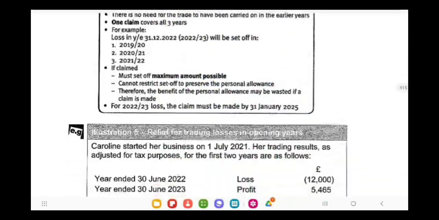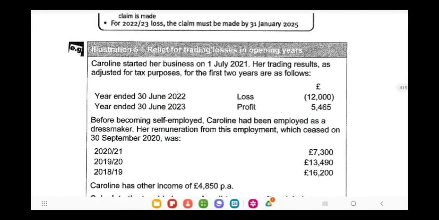So now the special opening year rule, we have to apply these rules. Caroline started her business on 1st July 21. Her trading results as adjusted for tax purposes for the first 2 years are as follows. In the first year she suffered a loss of 12,000, and in the year ended 30th June 23 she earned a profit of 5,465. Before becoming self-employed, Caroline had been employed as a dressmaker.